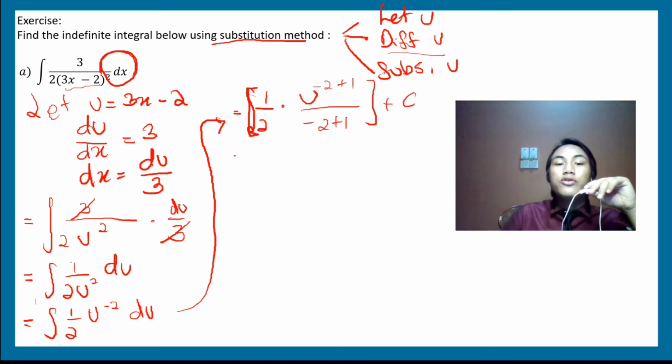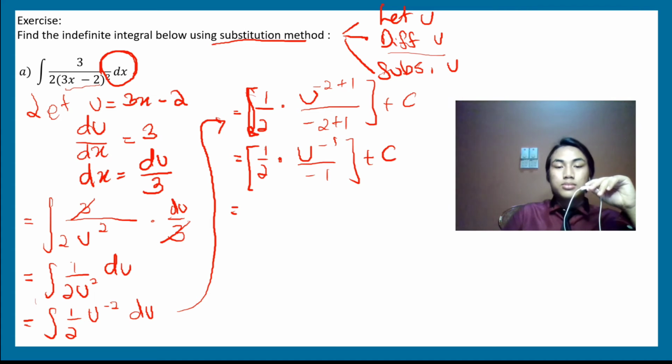C, don't forget, because c is a constant. Okay, it's compulsory for you to write. Okay, so here we have negative 1 over 2 times u to the power of negative 2 plus 1, which is negative 1. So here is u to the power of negative 1 plus c.